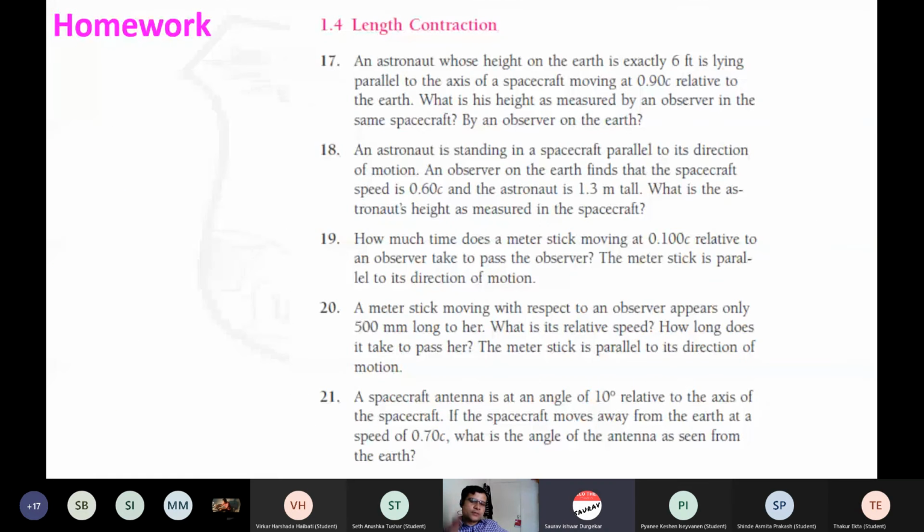Yes, sir. So please do this problem at home, and those people will send me the homework to my email, or you can upload it in the assignment section also. I think those are the regular students who are regularly attending my lectures. I can only accept solutions from those students.